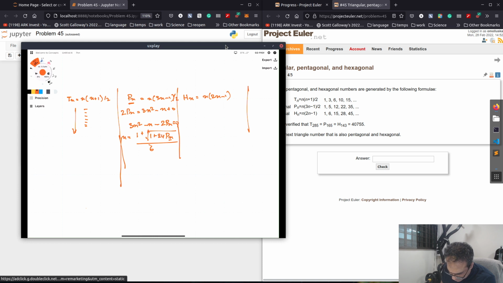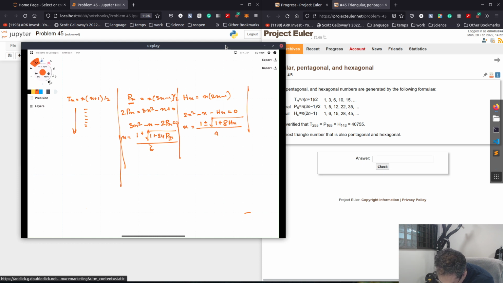Okay. The next one is a hexagonal number. We will do pretty much the same thing. We will look at 2n square minus n minus Hn equals 0, and n equals minus b, so that's one, plus minus square root of b squared, that's 1, plus 4ac, all by 2a, that's 4.